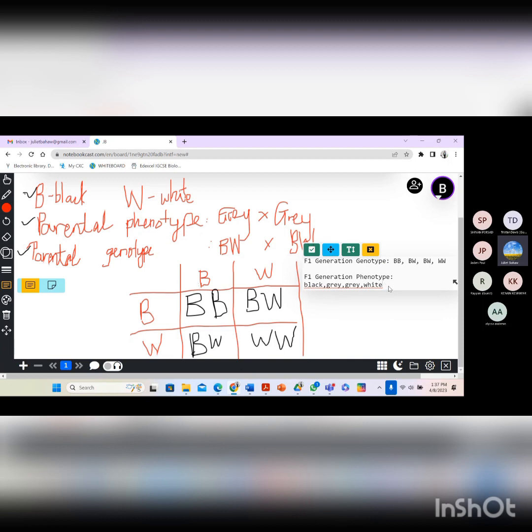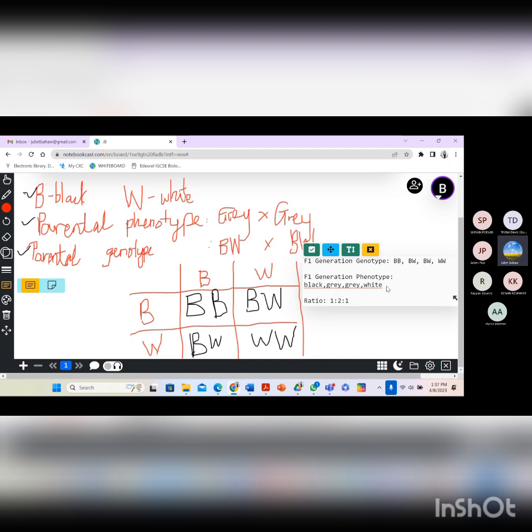So you should have a follow-up where you have a ratio. In this, because it's 1 black chance, you put 1, then 2 gray chances, and then 1 chance of being white.